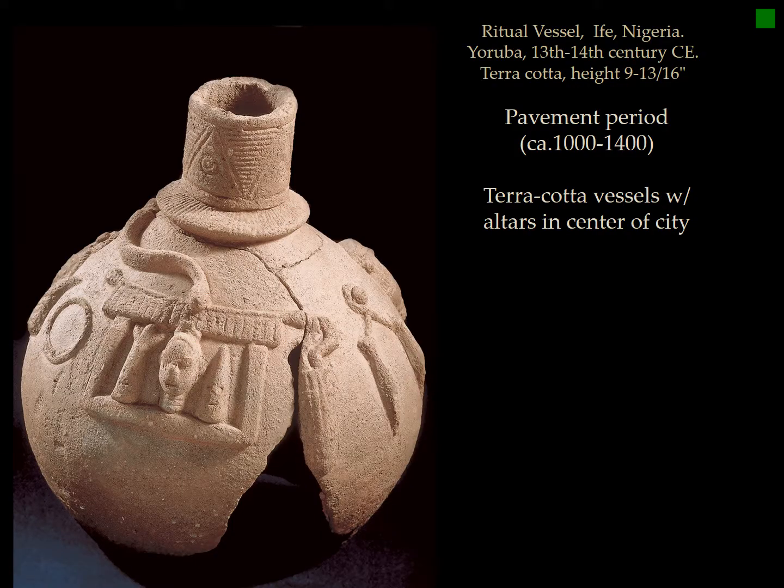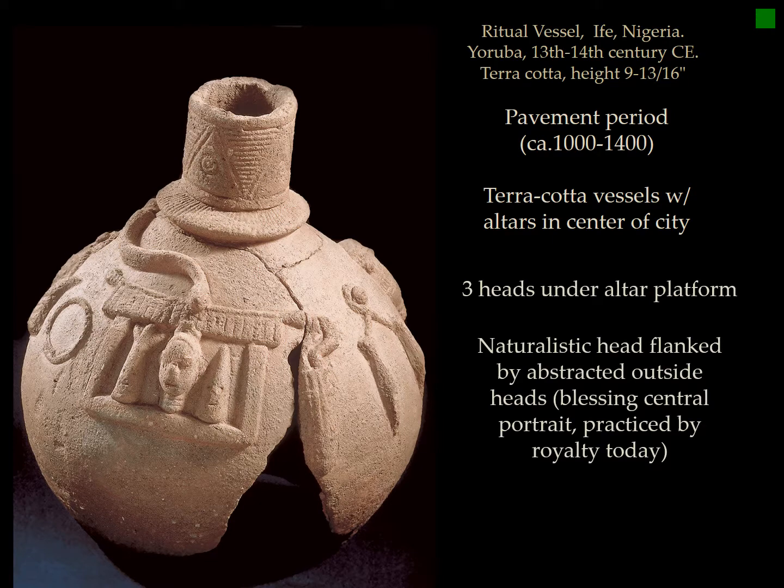The art that is commissioned by the Ife rulers is going to be broken down into periods, the first of which is the pavement period, seen here from 1000 to 1400 Common Era. They produced terracotta vessels showing altars in the center of a city, with realistic portraits and abstract elements on either side flanking this realistic portrait.